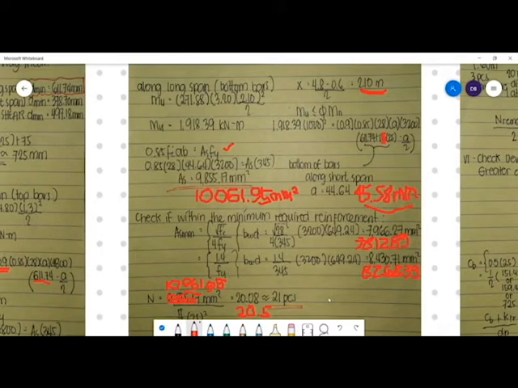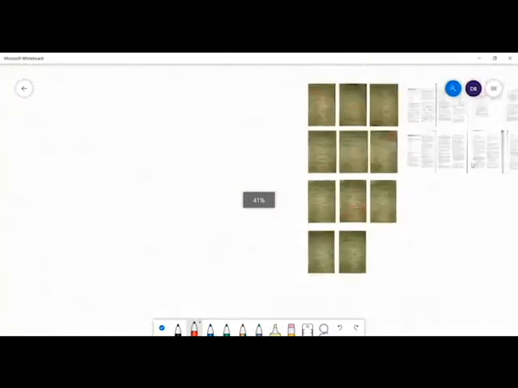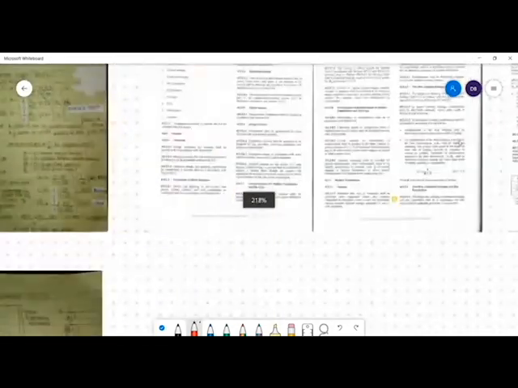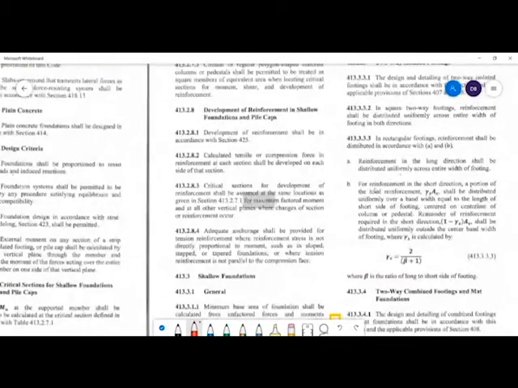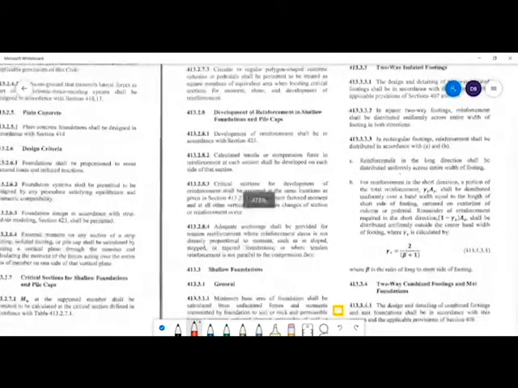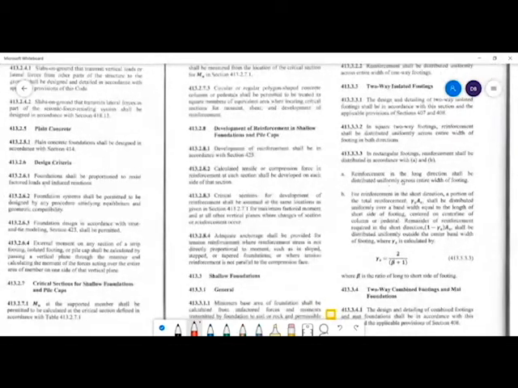Concerning rectangular footings, no? Okay? So if we look closely on the code, no? There is an additional provision for two-way footings, or yung rectangular footing natin. The design and detailing of two-way isolated footing shall be in accordance with this section and applicable provisions of sections 407 and 408.